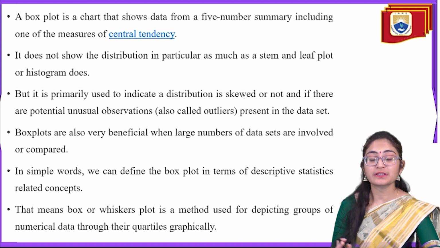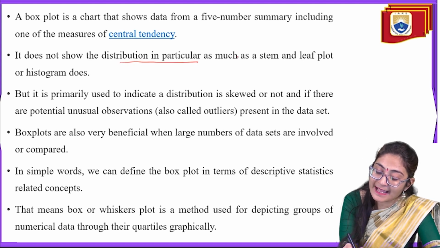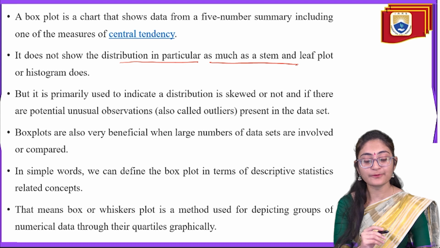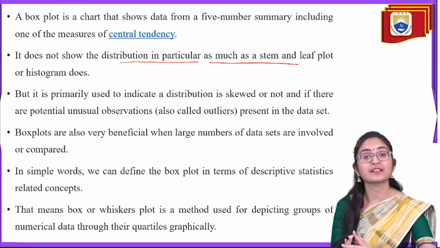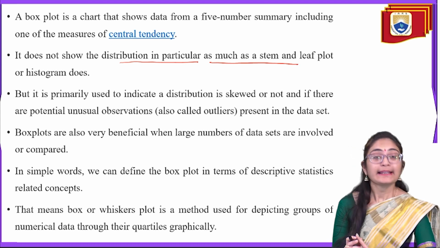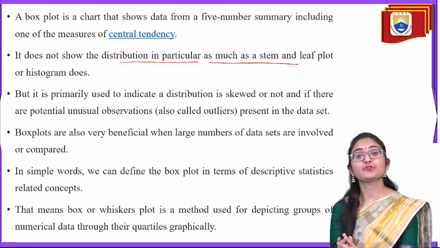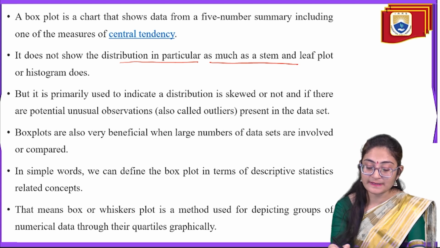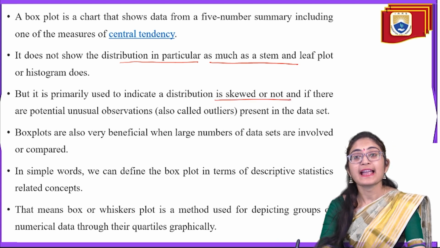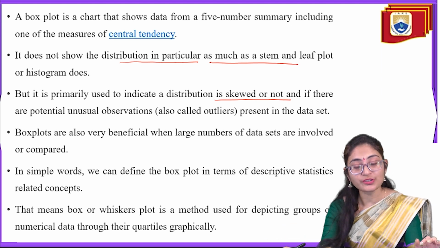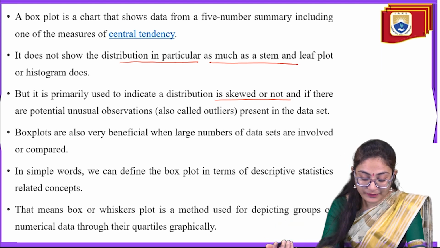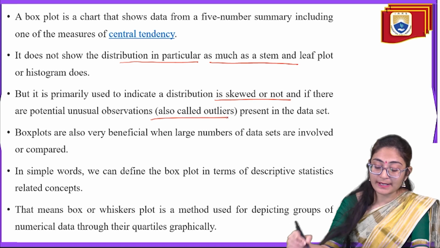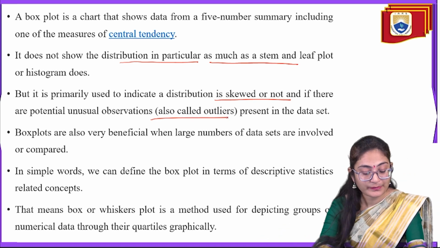It does not show the distribution in particular as much as the stem and leaf plot or histogram does. But it is primarily used to indicate whether a distribution is skewed or not, and if there are potential unusual observations, also called outliers, present in the data set.